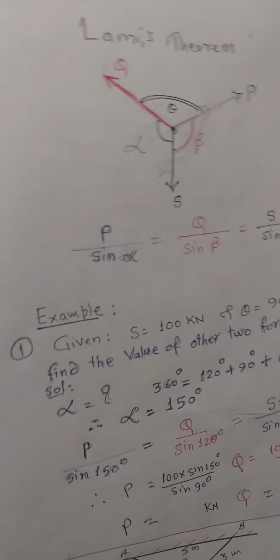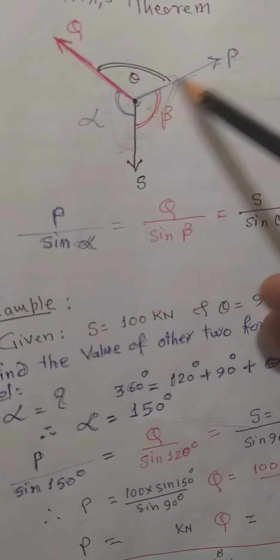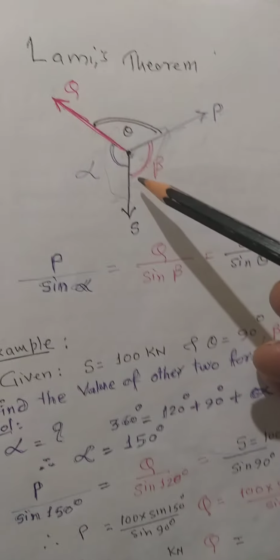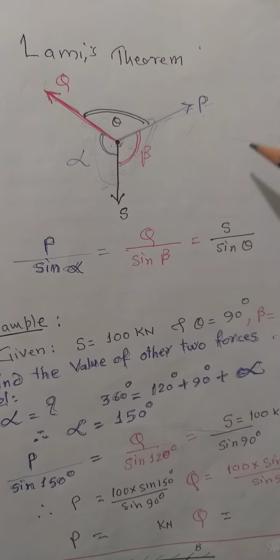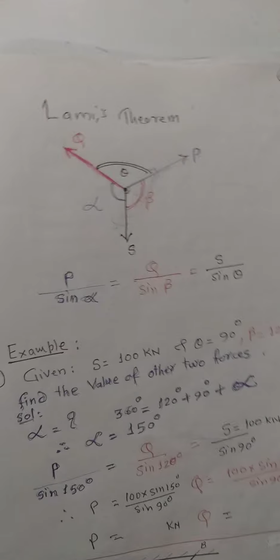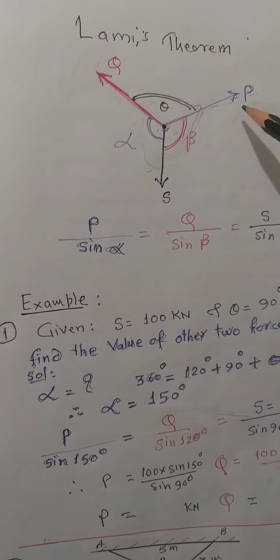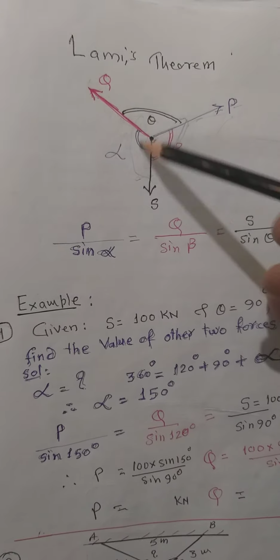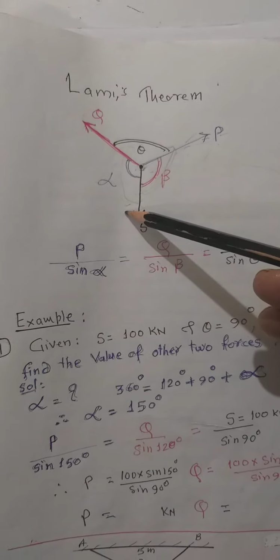Algebraically, we can write that P upon sine of alpha is equal to Q upon sine of beta is equal to S upon sine of theta. Write this equation. Again I will repeat. It is P upon sine of alpha, the angle between the other two. Q upon sine of beta, the angle between the other two.